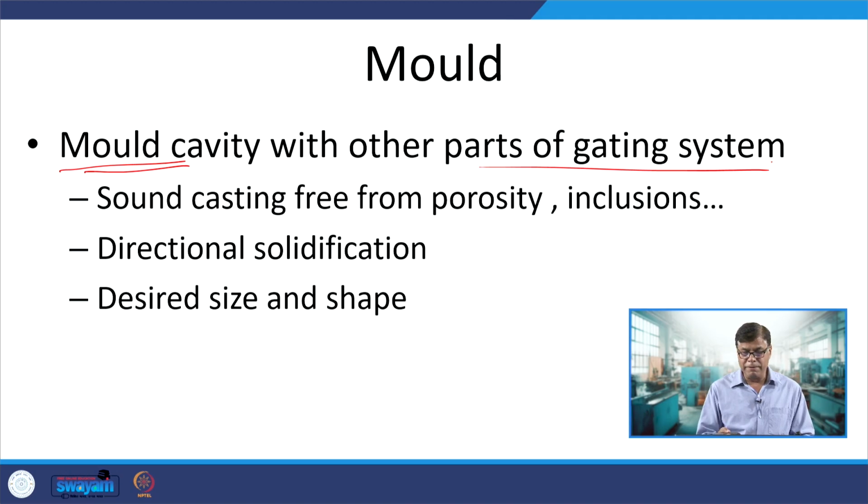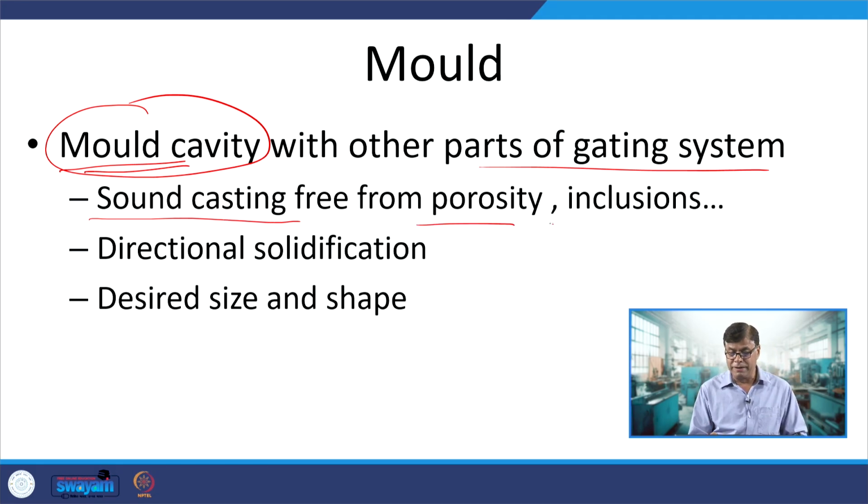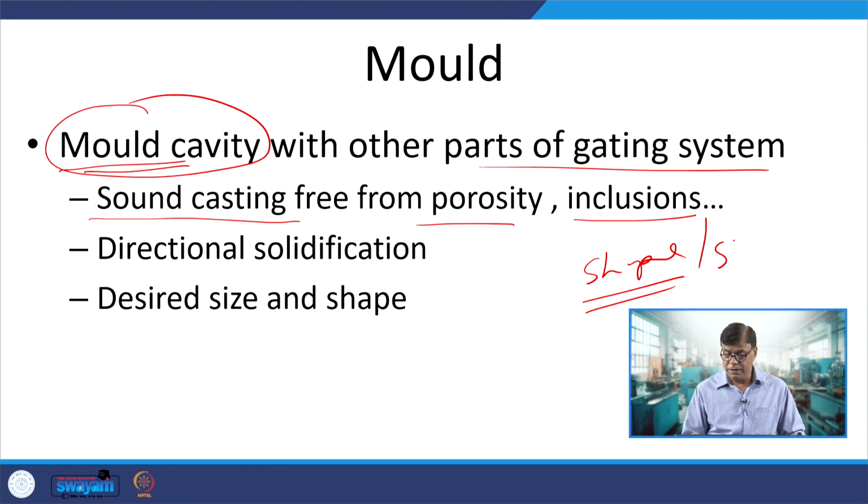The main idea behind making a proper sand mold is to produce a sound casting which is free from any kind of porosity and inclusions, and has the desired size and shape.